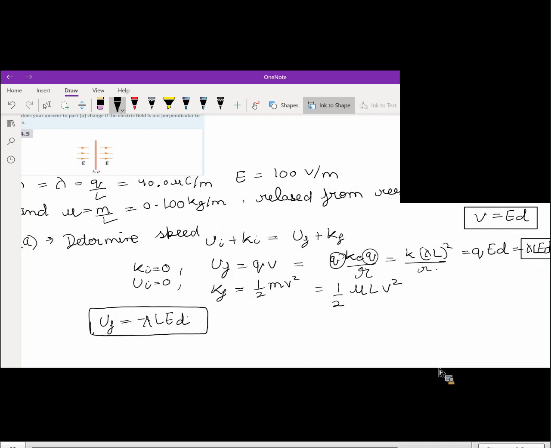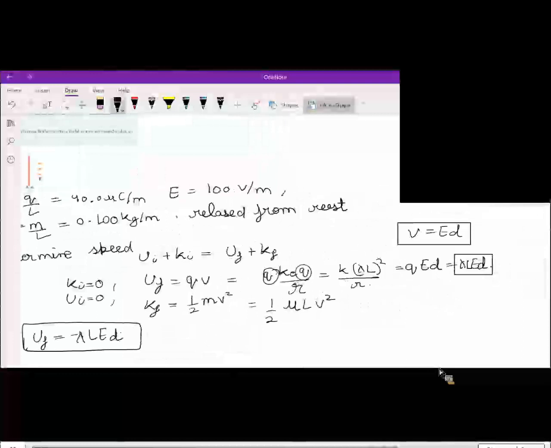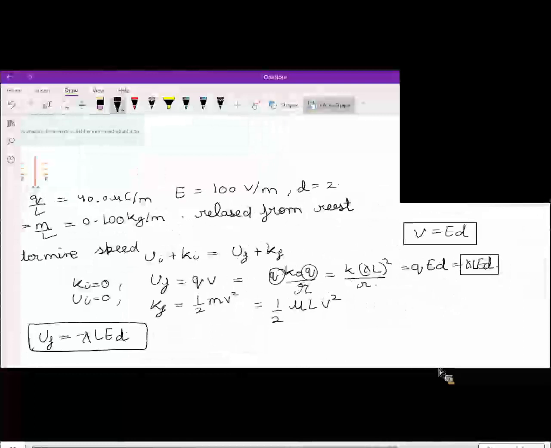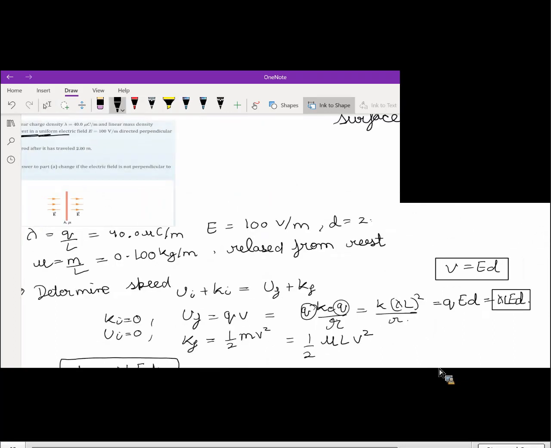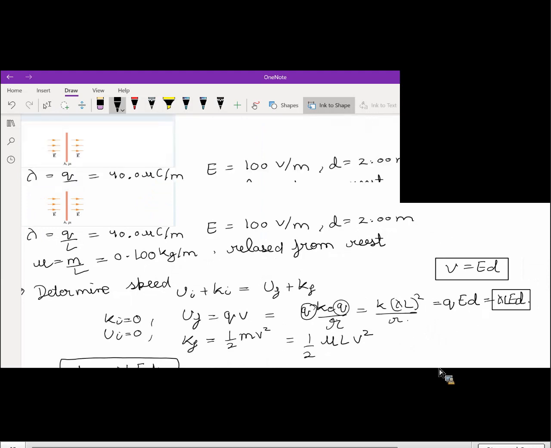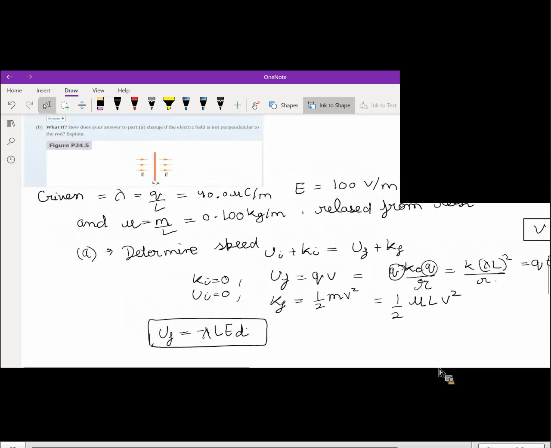I didn't write d. d is 2 meters. Somebody can ask me why it is negative. Because the work is being done on the system to move it from point A to point B. So whenever the work is done, it is always negative. I hope it makes sense. Please type yes if it makes sense.